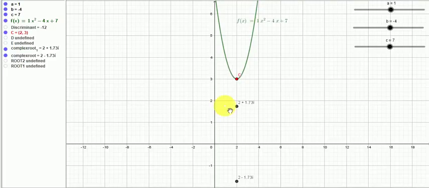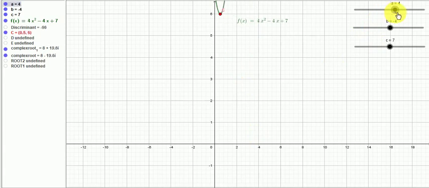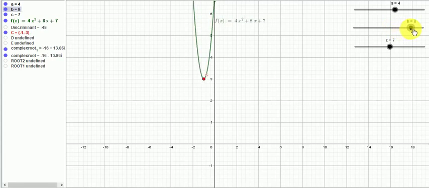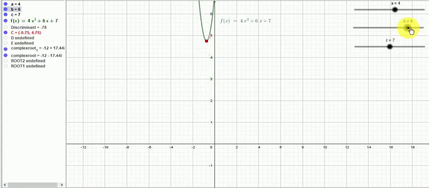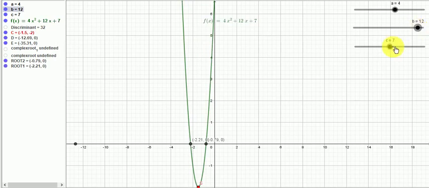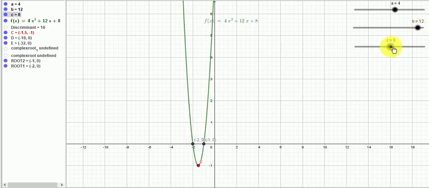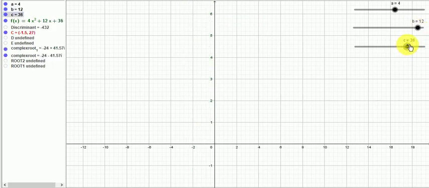If I take one quadratic expression, whose a is 4 and b is, let's say, 12 and c is 10.